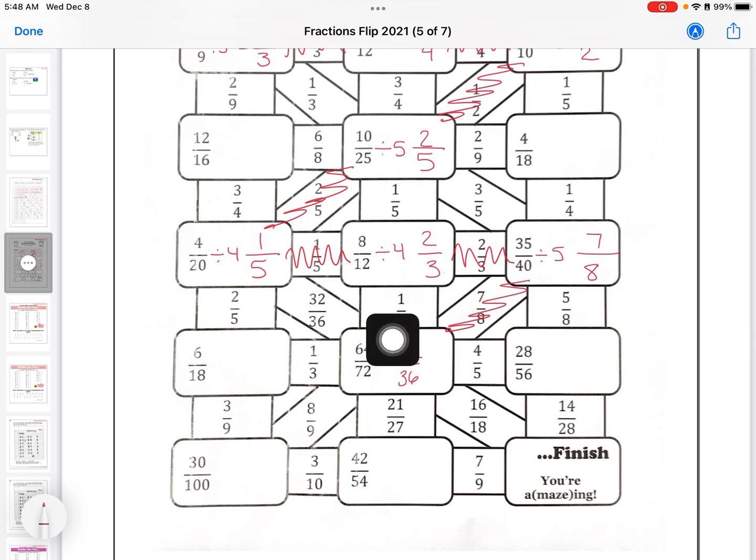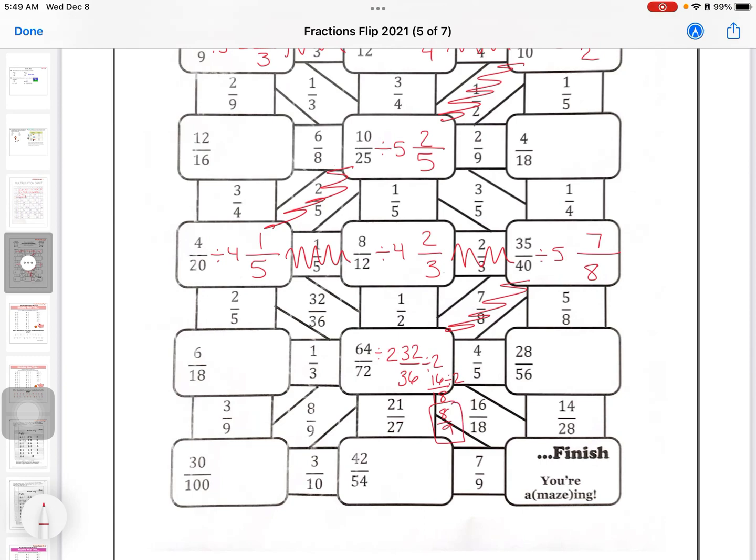But here, if I look at 32 and 36, they're both still even. So I know for sure I could divide them by 2 again. I might also want to look to see, is there a bigger number I could divide them both by? But if I divide by 2, I get 16 over 18, and they're still even, so I have to divide them both by 2 again, and I get 8/9.